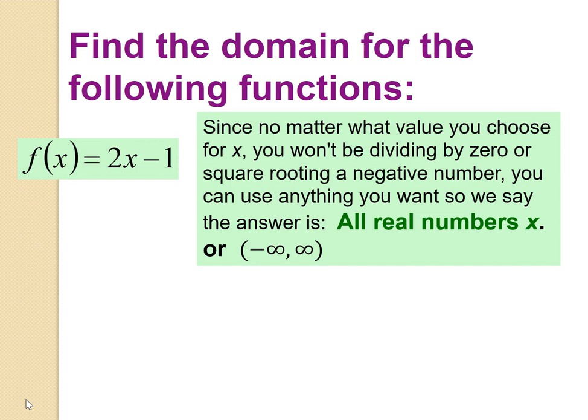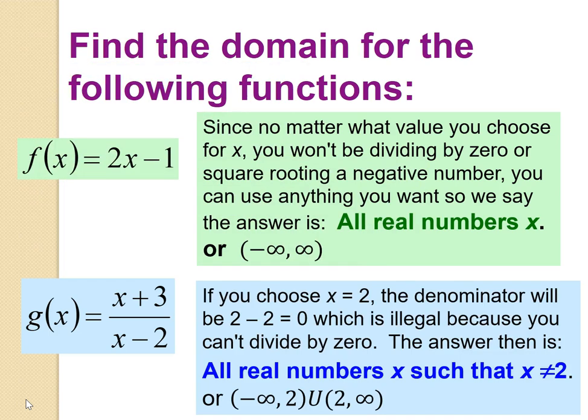Okay, here's another situation. g of x equals (x plus 3) divided by (x minus 2). Again, remember, you're really only looking for whether there is a problem with the two illegals. The answer for this one is yes, there is. If you choose x equals 2, the denominator will be 0, which you're not allowed. You can't divide by 0.